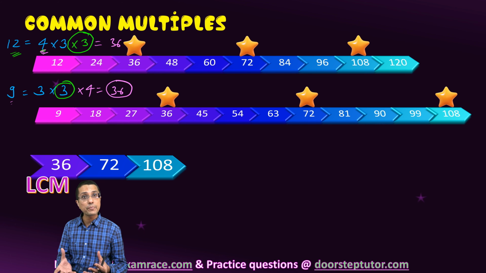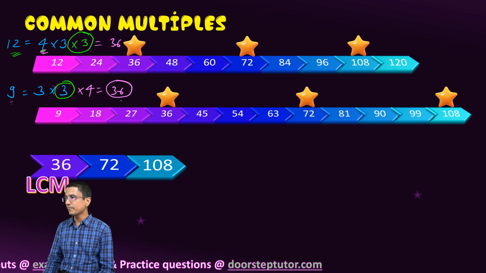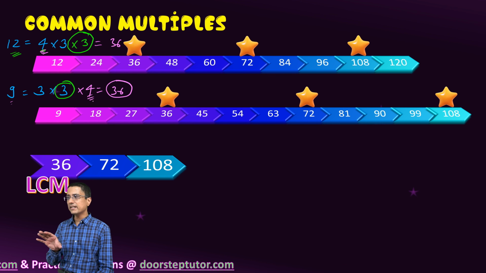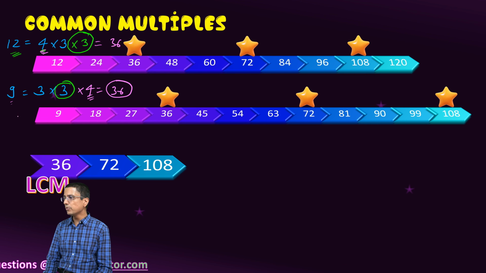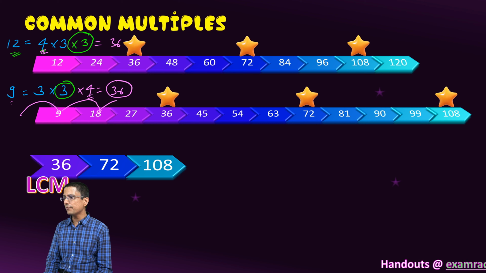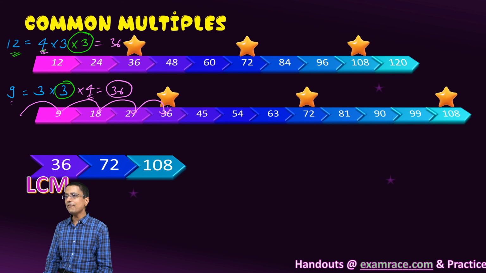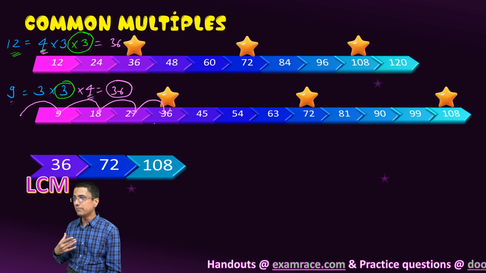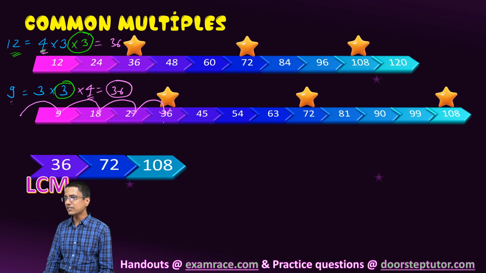Now, how do we produce these missing factors? To produce the missing factor in the case of 9, what do we do? We take 4 jumps of 9. So 4 was the missing factor, and if we take 4 jumps of 9, I have produced that missing factor in the case of 9.